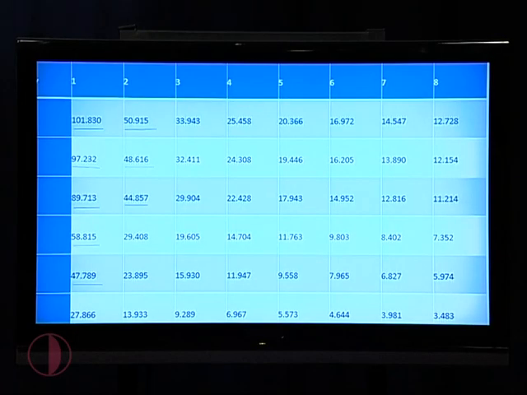For instance, on the slide you see CHP winning around 101,830 votes. Another party, the DYP, winning something like 97,000 votes and so on and so forth. We write down the total votes won by the parties.